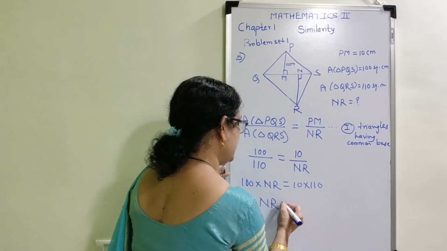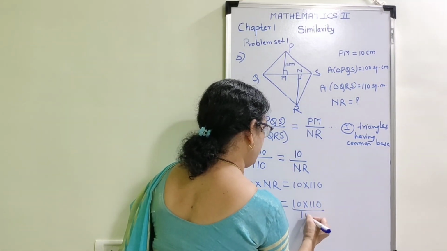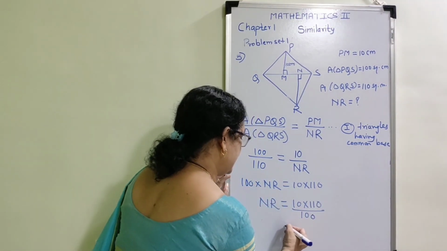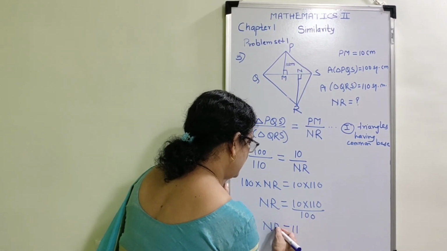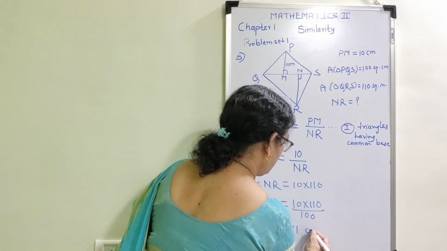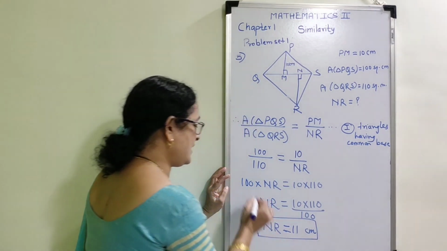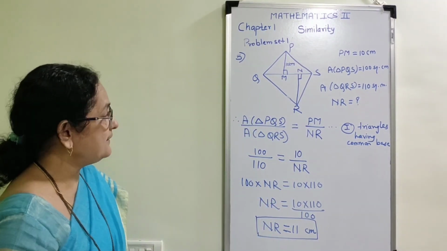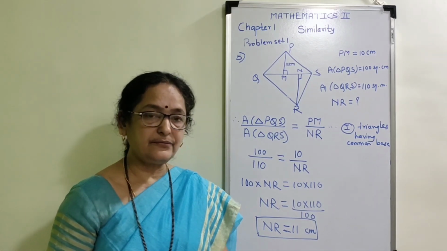Therefore NR is equal to 10 into 110 divided by 100. Both the zeros gets eliminated, and therefore NR is equal to 11. This is my final answer. And since the units are centimeter, my final answer is NR is equal to 11 centimeter. Here we have completed our example number 5.